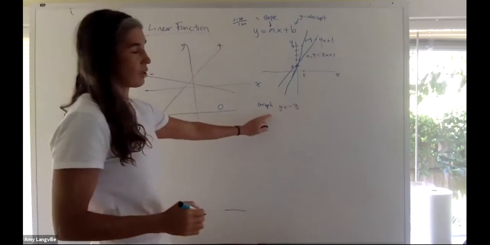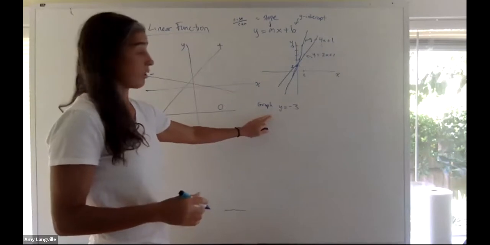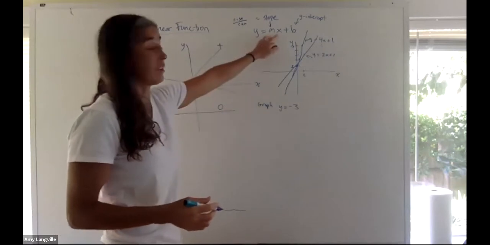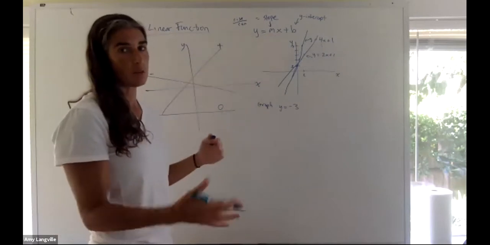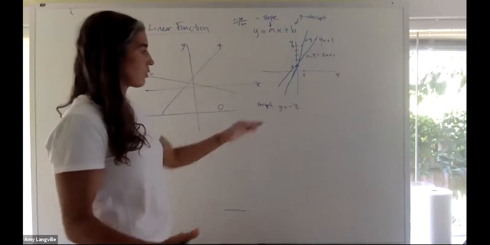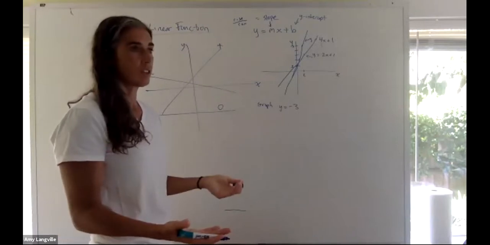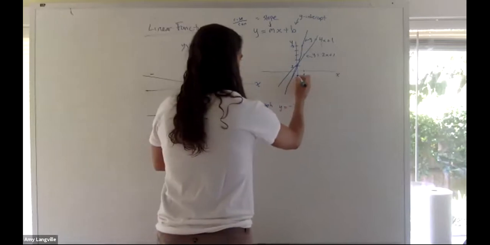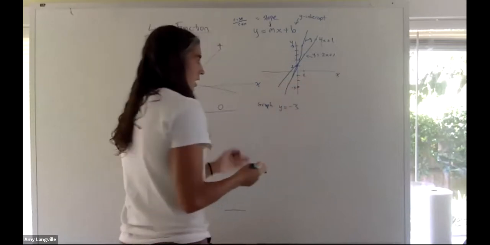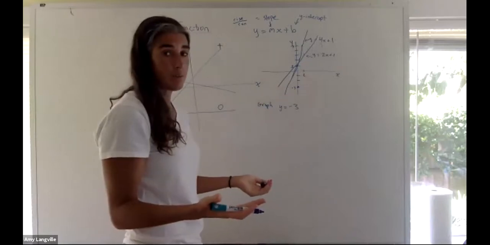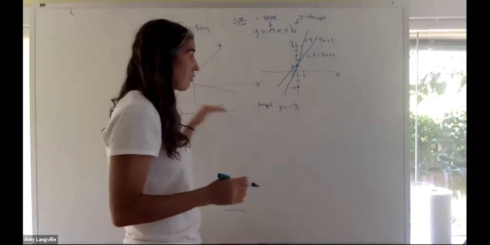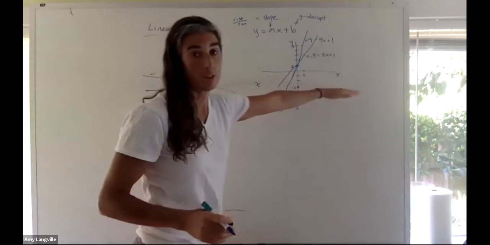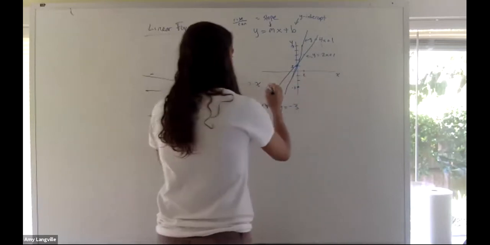If I want to graph the line y equals -3, there is no mx, so there's no x term in there, which means the slope is 0. And so anything y equals a constant would mean you go 1, 2, 3, -3. That's your intercept. And then it didn't say anything about x. So actually x is free to take on any value from -∞ to infinity, which sweeps out the horizontal line.